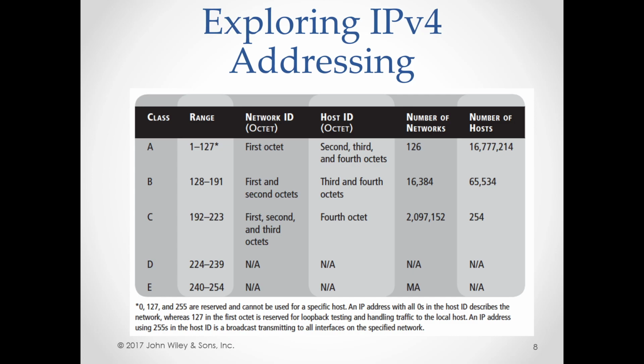Well, if you've got 16,000 really large companies, maybe that works for you. And not really. Class C is where we see most of our ranges, and you'll recognize that 192 number for the range is almost every one of our homes. The Class C space can have 2,097,152 unique networks, each hosting 254 hosts.